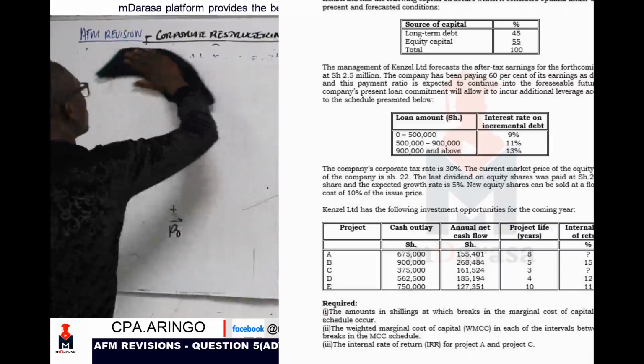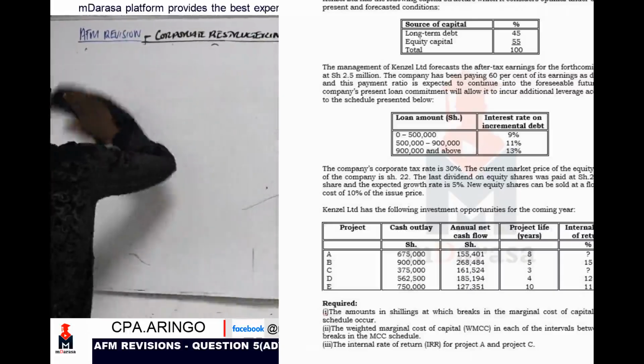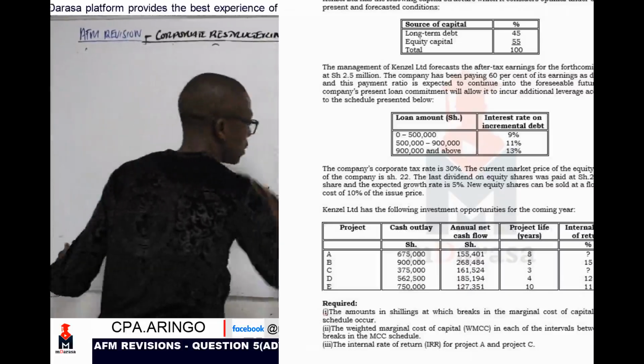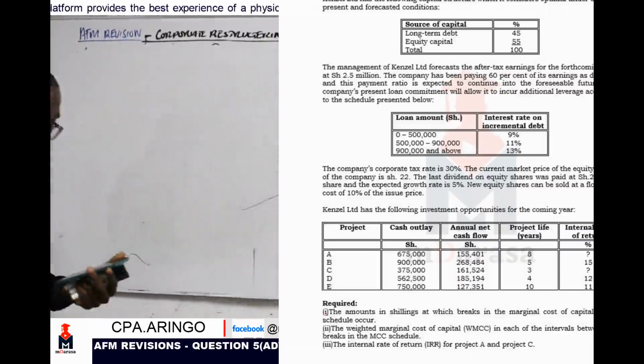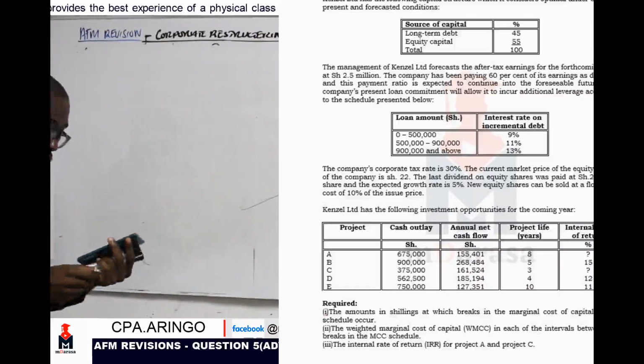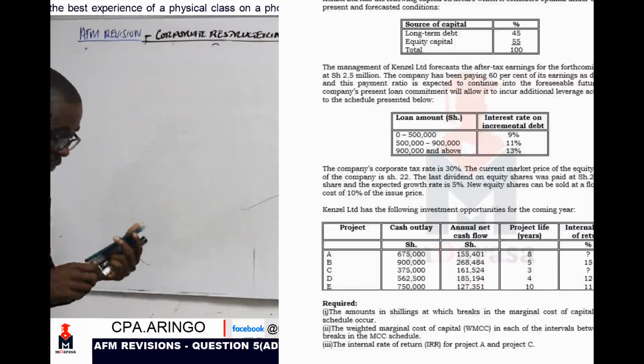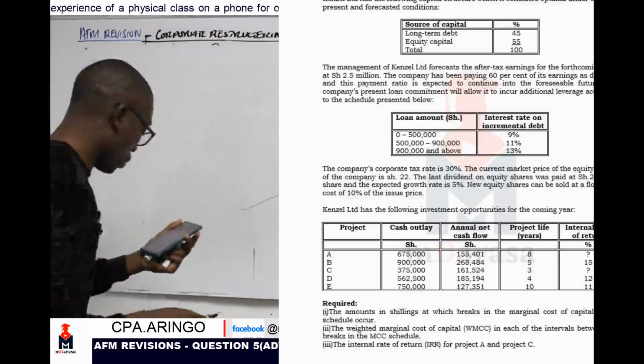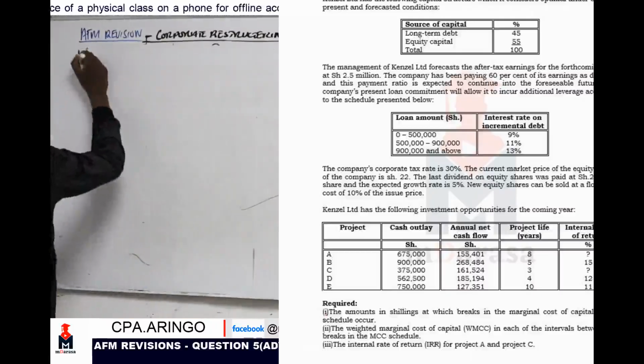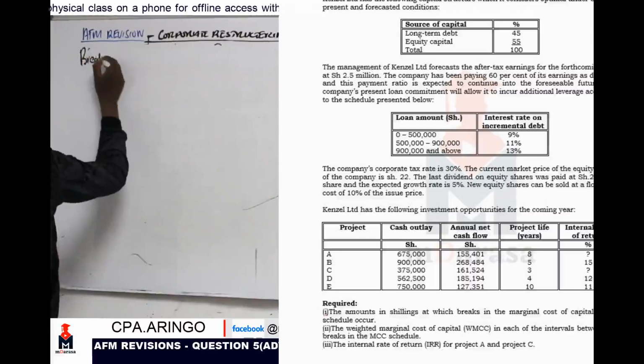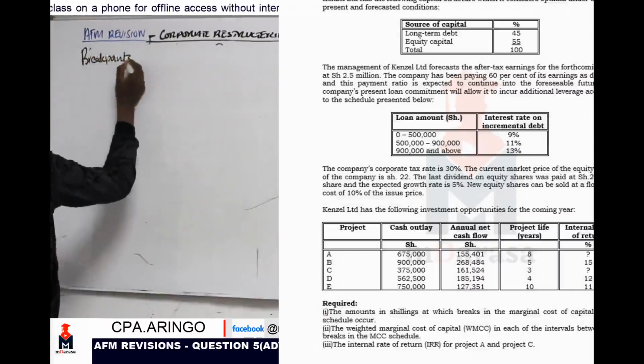So, in this case, we are having our question that our good examiner is asking us to compute our breakpoints, right? Breakpoints. So I'm having our breakpoints here. This is what our good examiner wants us to compute.